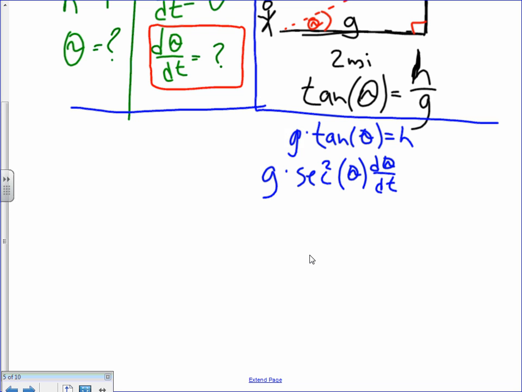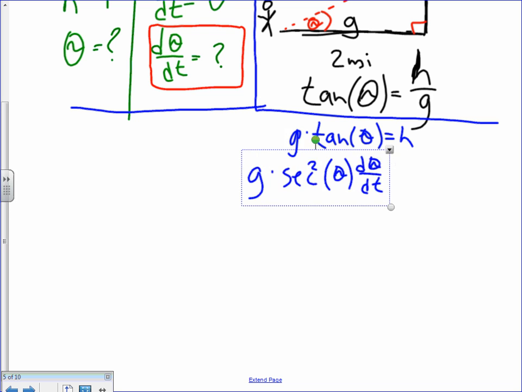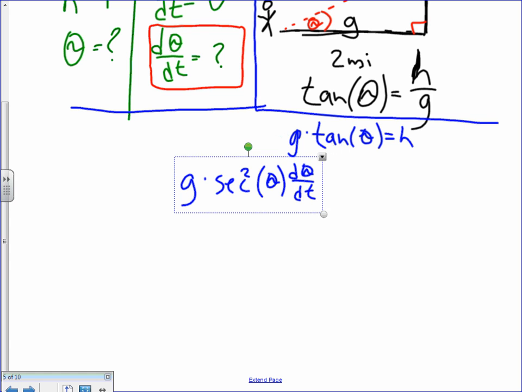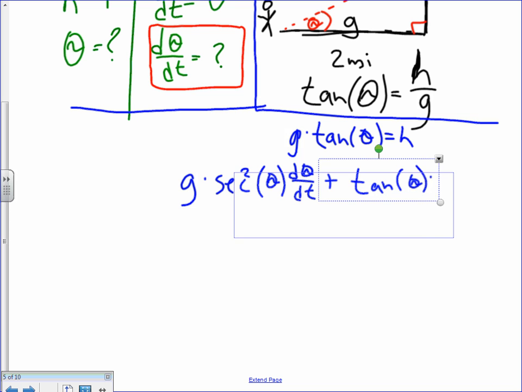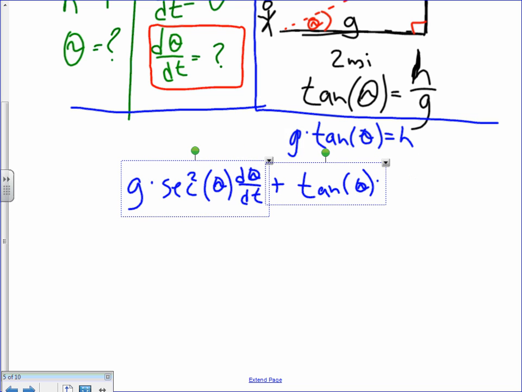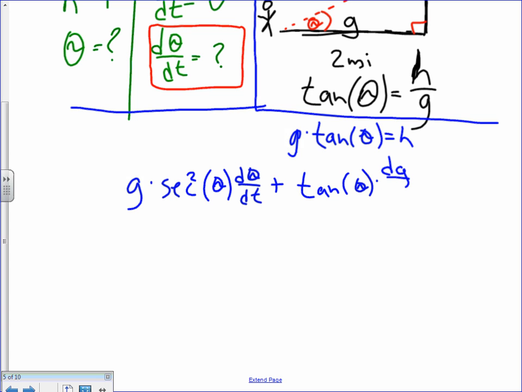And I'm doing my favorite thing, if you remember from my other videos. Okay, plus, and then we have tangent theta times, wow, I'm going to run out of room, I'm going to do it twice in the same line. Tangent theta times dg dt equals the derivative of this side, which is just dh dt.